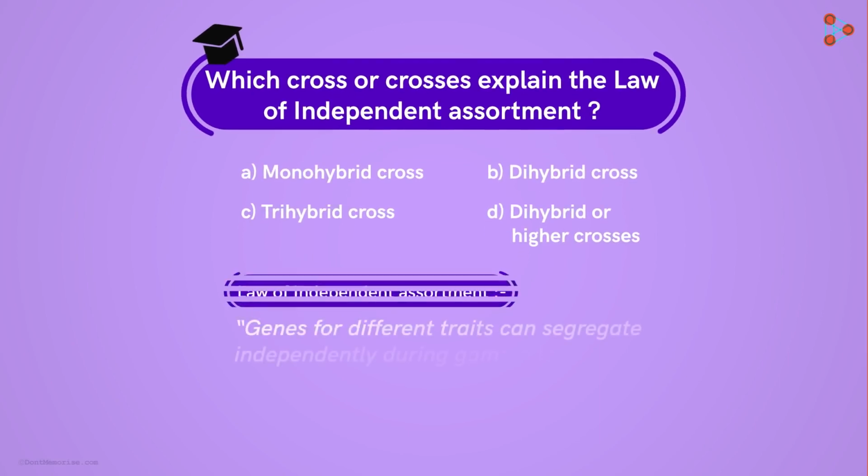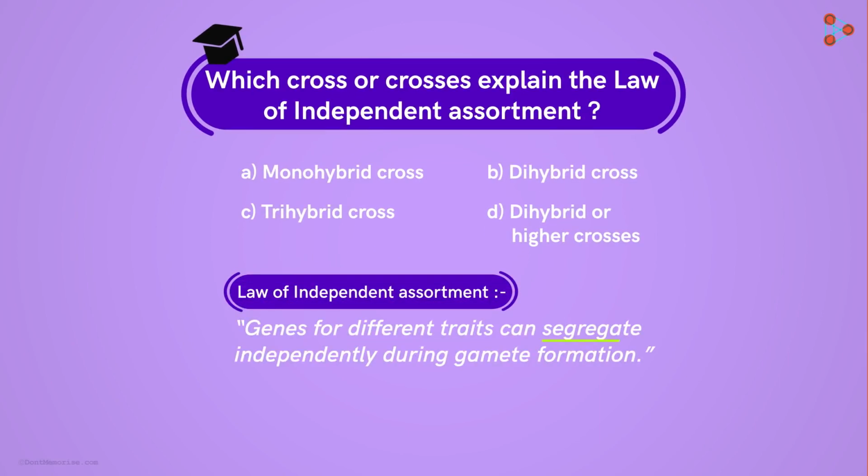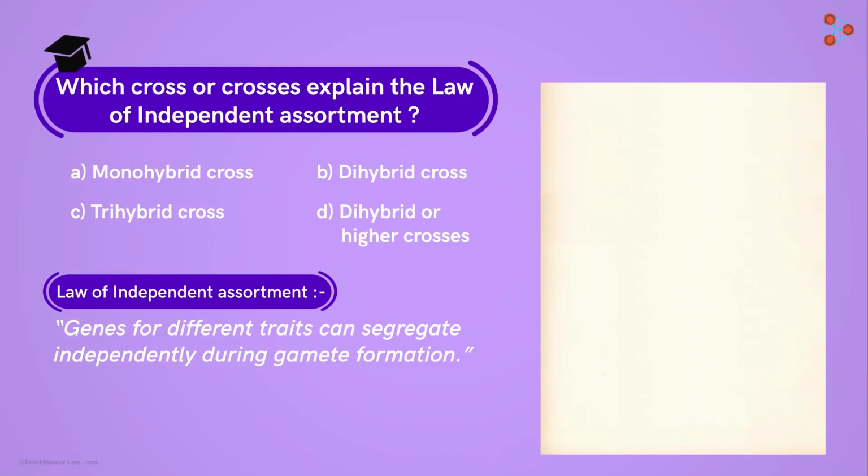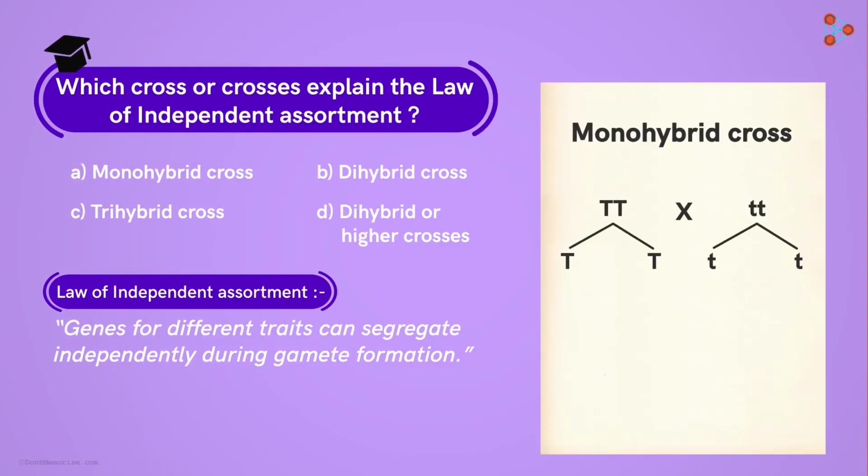It states that genes for different traits can segregate independently during gamete formation. Now, if we consider a monohybrid cross, then the event of assortment of genes is ruled out as there's only one pair considered at a time.